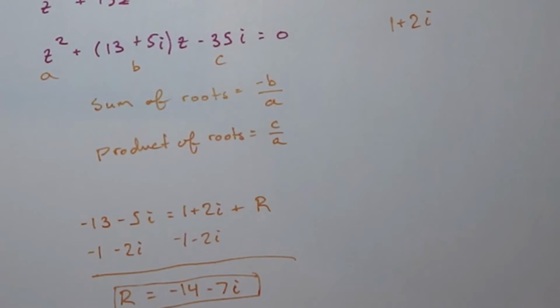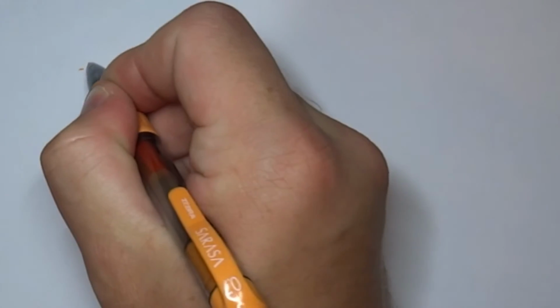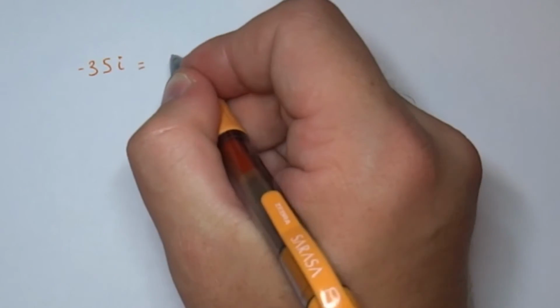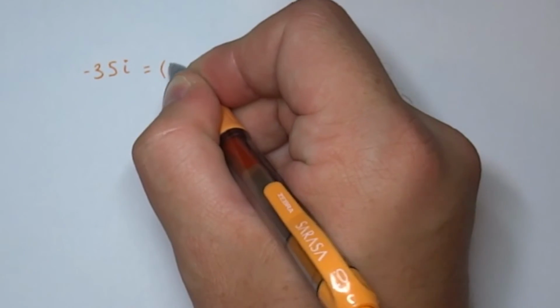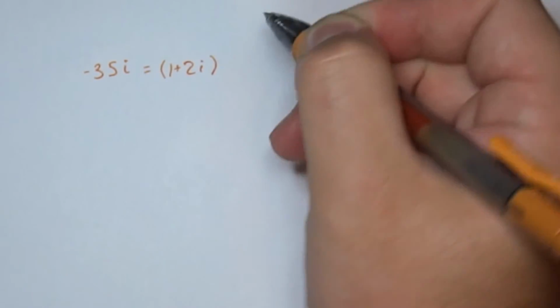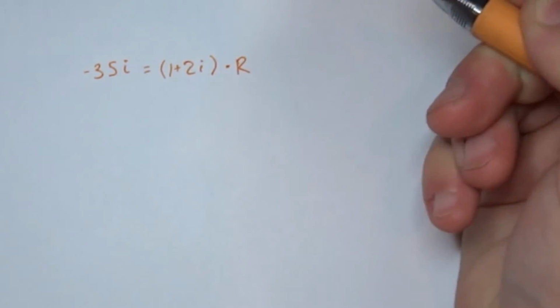But let's also try to solve it using this product form. So to solve for this using the product method, we take our c over a value. So a is once again 1, so we can just take our c value, which is negative 35i, and set that equal to the product of our roots. So our one root is 1 plus 2i, and our second root is unknown.